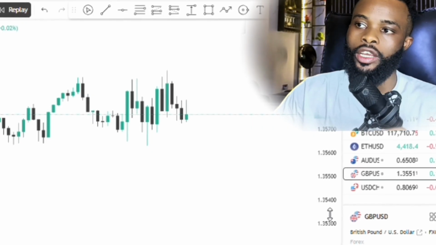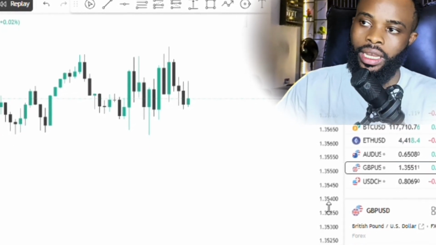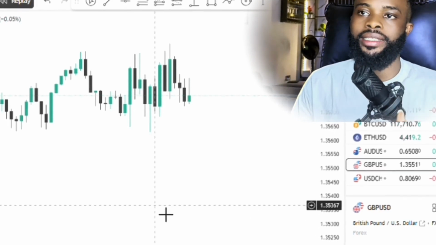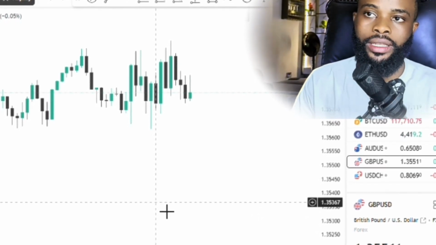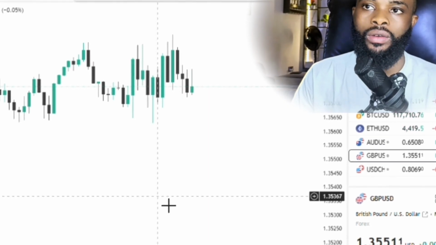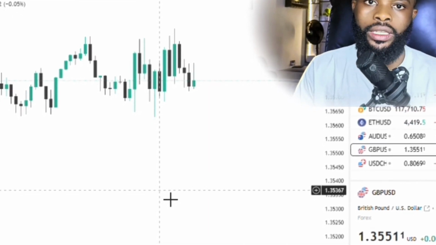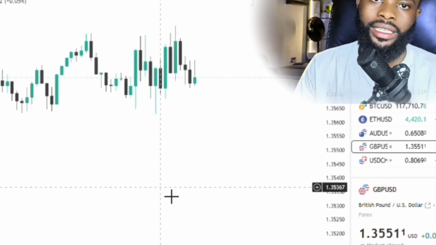Since it's much stronger than USD, but the news came out on USD acting as a quote currency, this simply means that since the news came out positive on USD, which is referred to as a weaker quote currency, the strength of USD is going to increase against GBP.